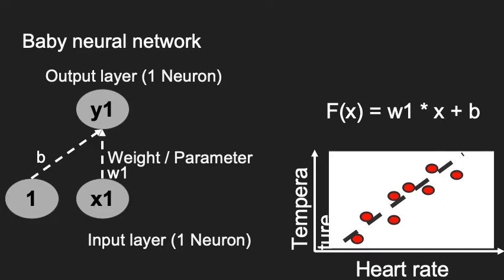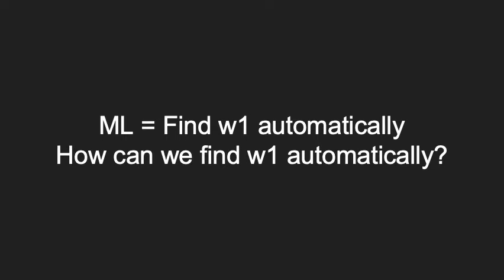You can see that the mathematical representation is exactly the same. This is the graphical representation of a neural network. So this is a very basic neural network, and once again, the goal is to find the right values for w1 and b. Which brings us to the most important question: how do we find w1 automatically?